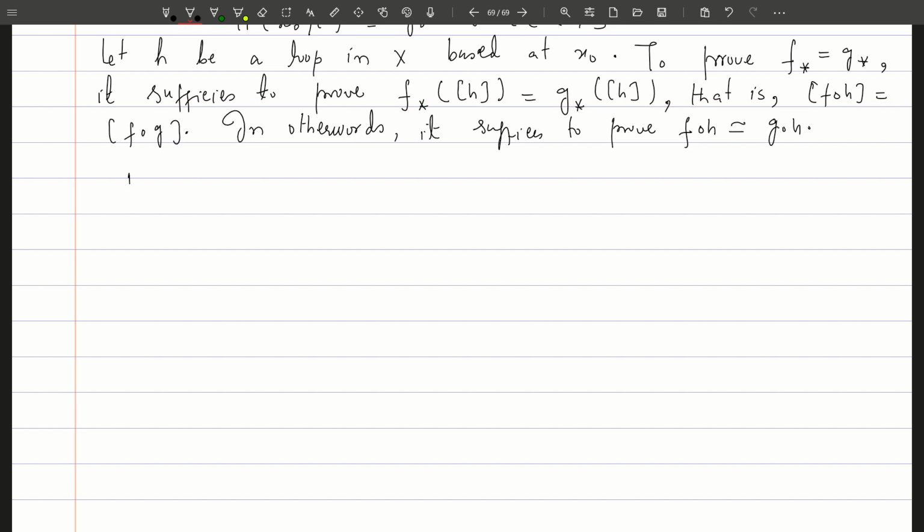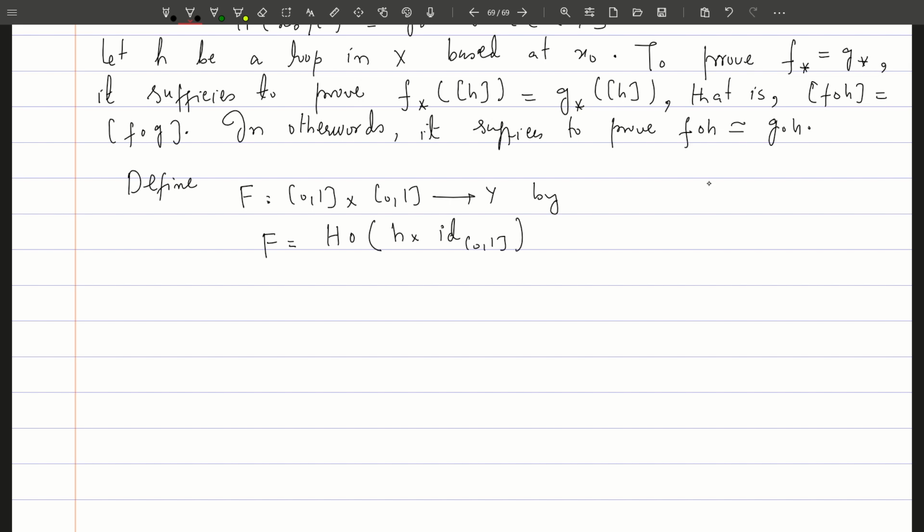So define F from 0 1 cross 0 1 to Y by F is the same as the composite map of composition of H with the map h times the identity map on the interval 0 1.